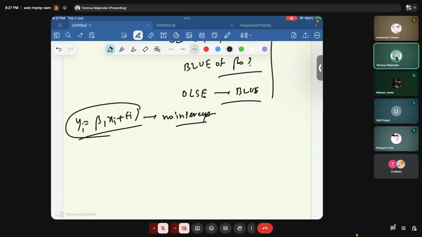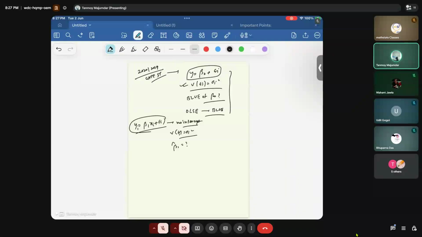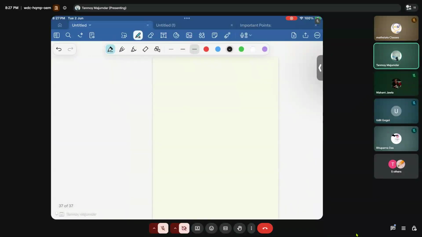In that case, if variance of epsilon i is sigma square, what will be the estimated LSE, or you can say weighted LSE, of beta 1 hat? So this type of question can come, there is no problem with it. So just have a look at this once.